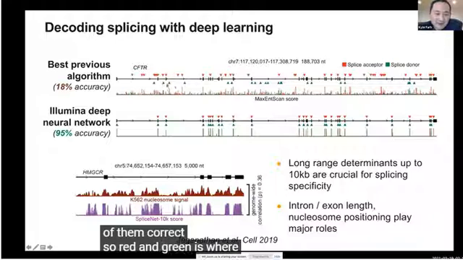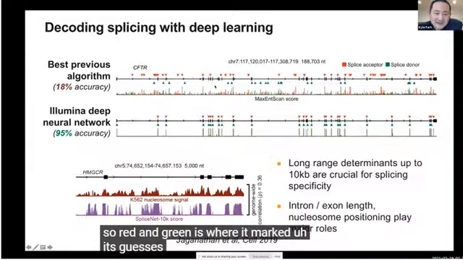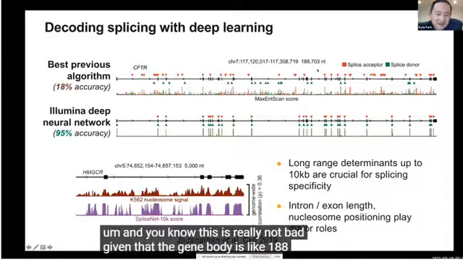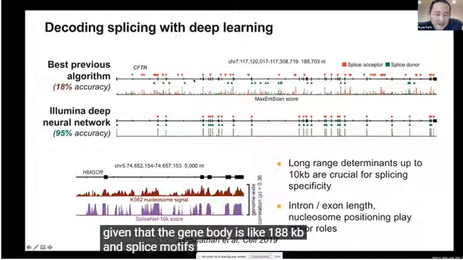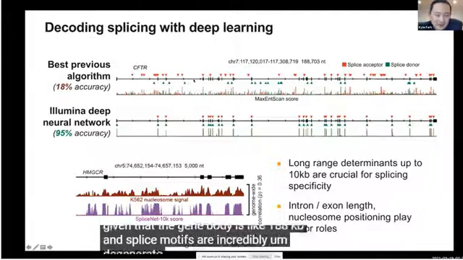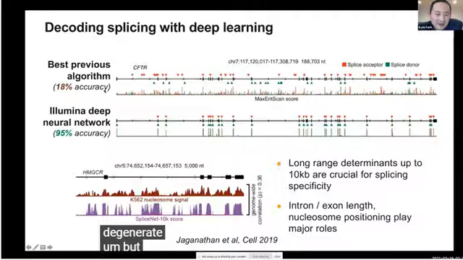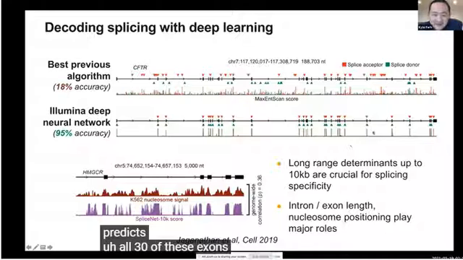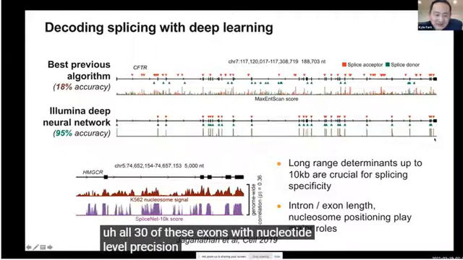Red and green is where it marked its guesses. This is really not bad, given that the gene body is 188 kb, and splice motifs are incredibly degenerate. But our deep neural network actually predicts all 30 of these exons with nucleotide-level precision.